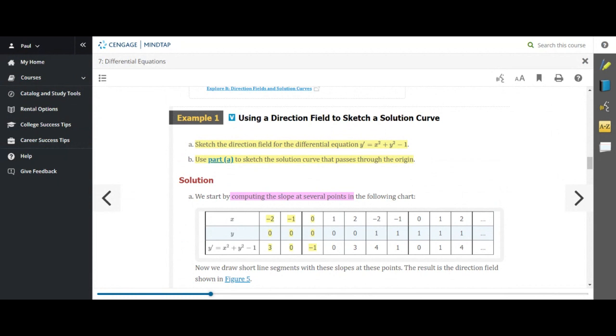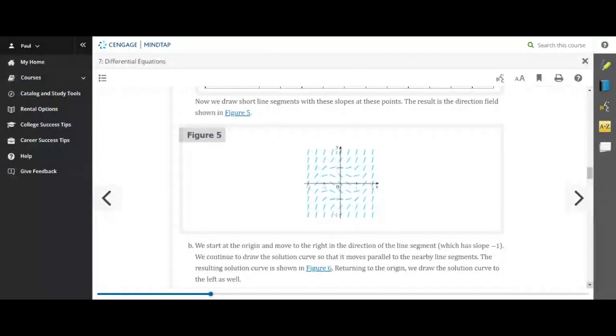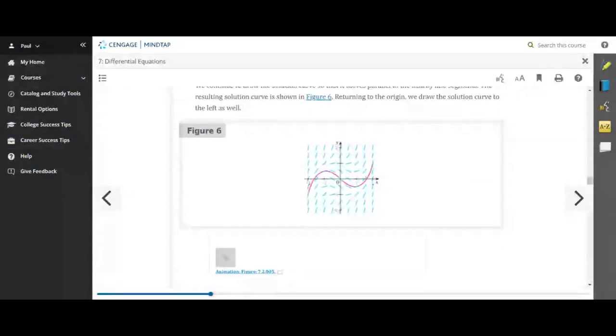Okay, so they just pick some points, and when you look at figure 5, there's a picture of the direction field for that differential equation. And if we want a solution curve on the direction field, well, there it is.